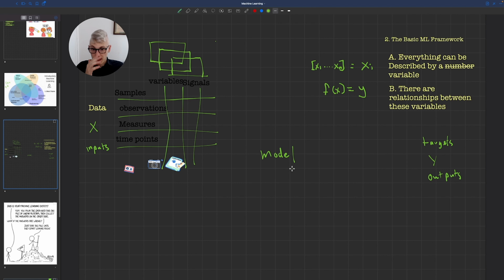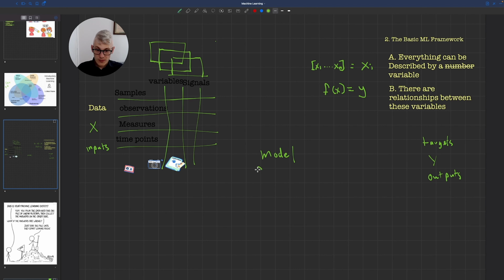And the idea of a model is that this is a piece of machinery. This is an algorithm. It is a function. It is a representation that converts X to Y, right? So it takes X as an input, and it gives you Y as an output, or its best guess of Y as an output, right?